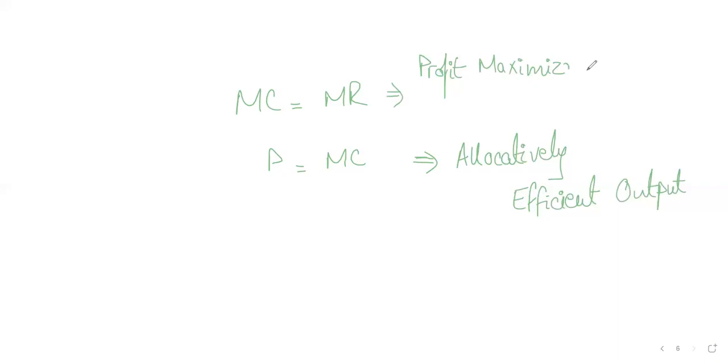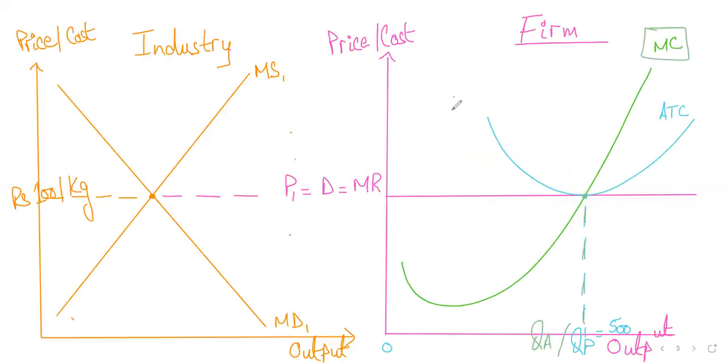Okay, now this being said, we have just seen that the firm in perfect competition, like this graph that we have just made, will be allocatively efficient. How do we know this? We know this because the output of profit maximization is the same as the allocatively efficient output level, so there's no difference between the two.